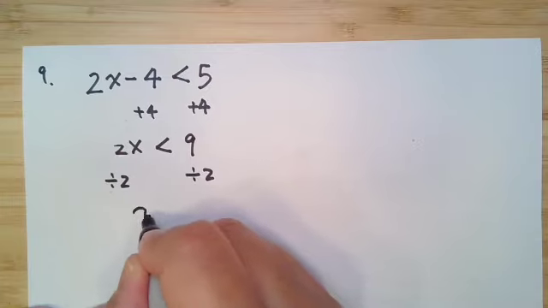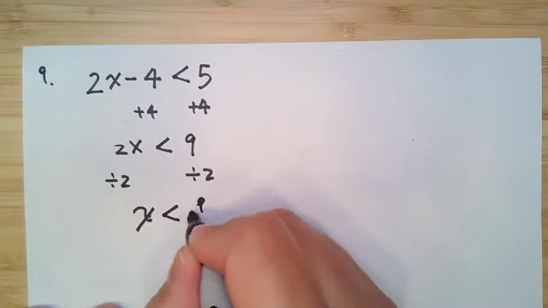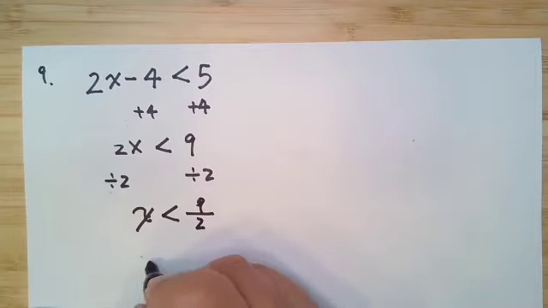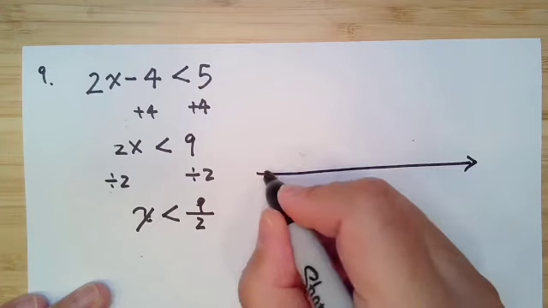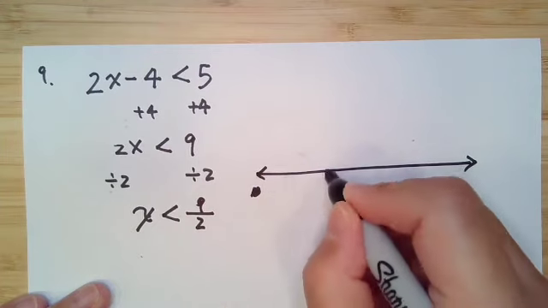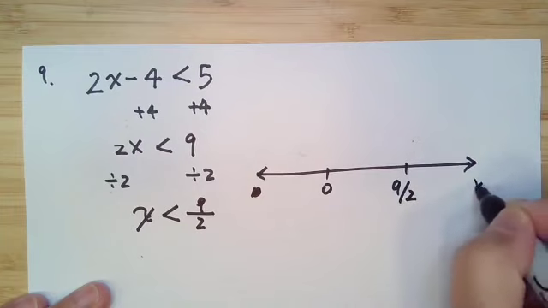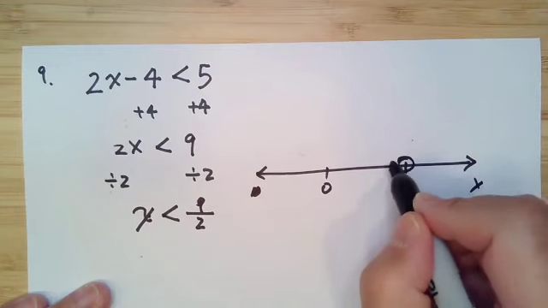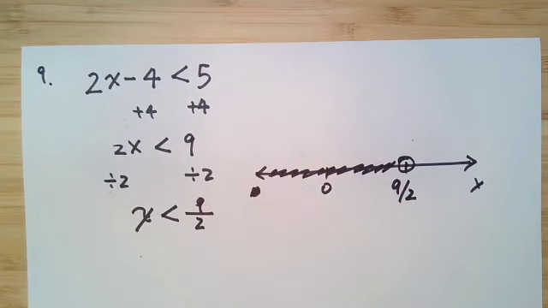So I have x is less than 9 over 2, or you can say x is less than 4.5. It's the same thing. So when you draw, here is 0, here is 9 over 2. That's going to be a circle, and then you mark to the left of it because it's less than. Sounds good?